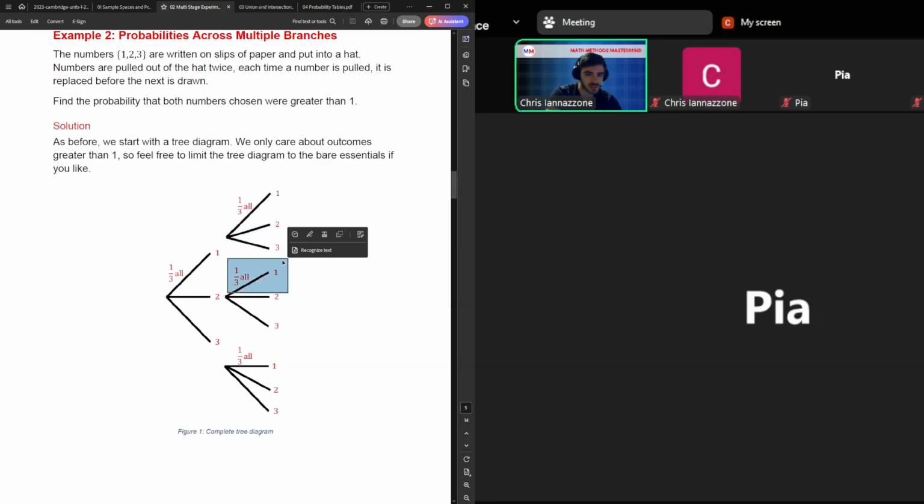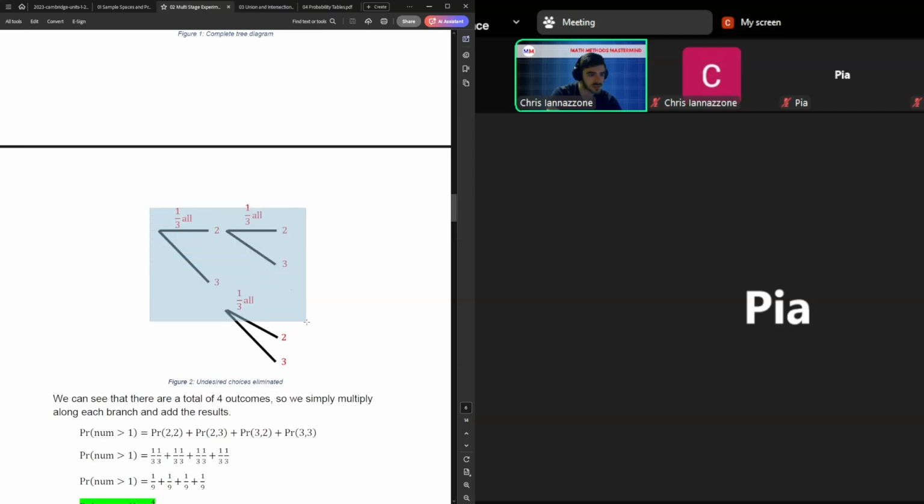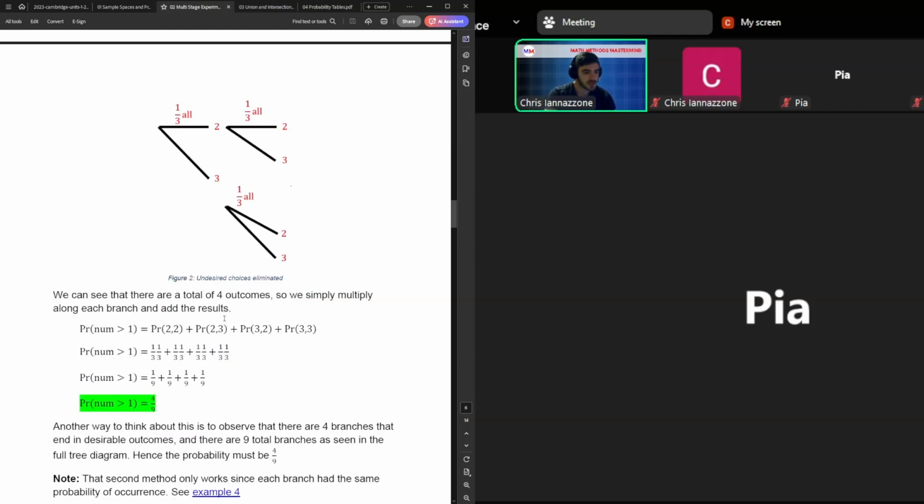Then from there, you'd cut this off, you'd cut this off, and the only thing you'd have to necessarily draw would be like this. So by looking at the question ahead of time rather than just going straight for drawing the full tree diagram, you can really save a lot of time. As far as how to calculate the probabilities afterwards, again, it's just multiplying along the branches for those particular outcomes.